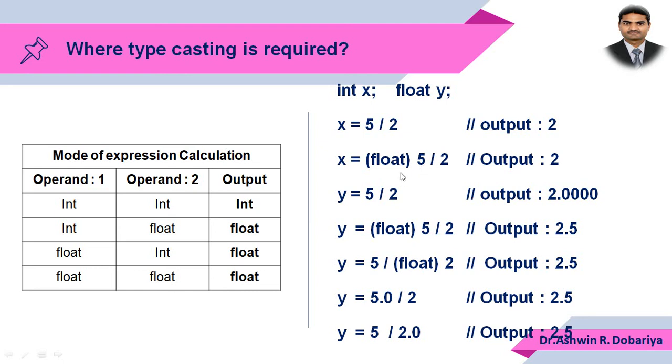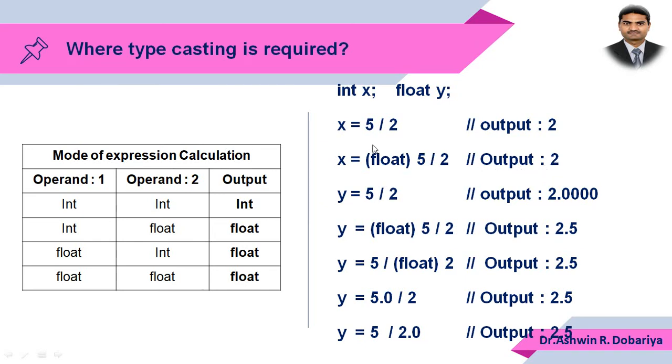And when one of the operands is float, then output is considered 2.5. Now see here, the actual output generated is 2.5 because one of the operands is float, but the 2.5 we are assigning to x, and x is declared as an integer. An integer variable cannot store the decimal value. That's why again it will ignore 0.5. So output is only 2.